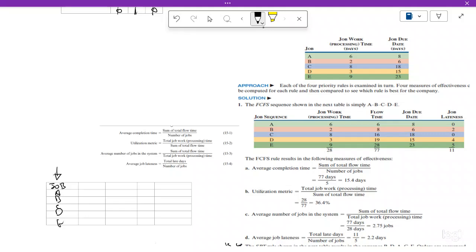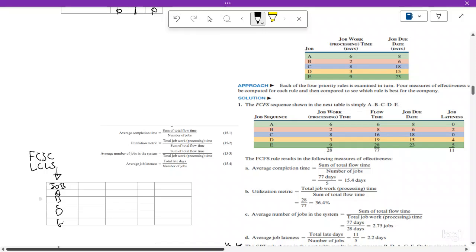So when you're looking at your LIFO and your FCFS: first come, first serve, and last in, first out, something like that.